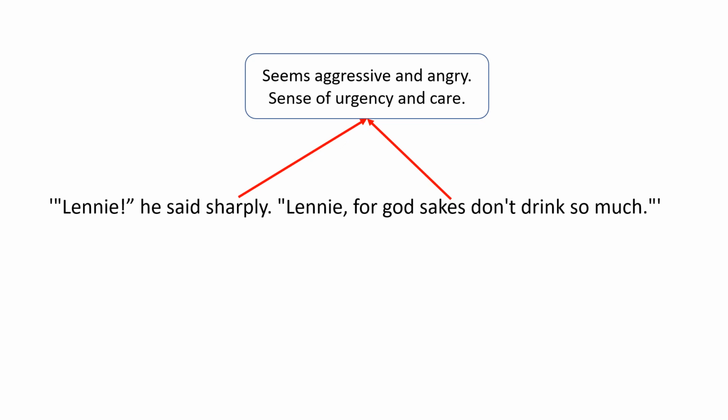But it also, when we put it in the context of what happens before and after, shows a sense of urgency coming from a place of care and concern. George doesn't want Lenny to become ill. He doesn't want Lenny to be in danger, and therefore that mood is one of care but a sense of urgency, possibly of desperation if Lenny's not listening.